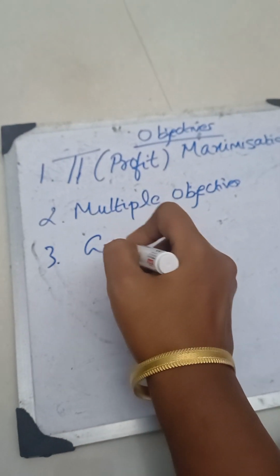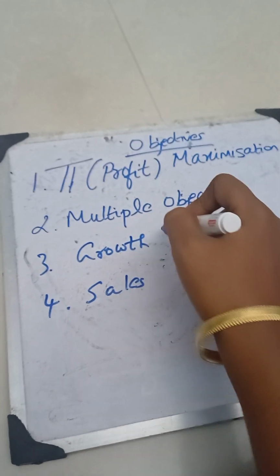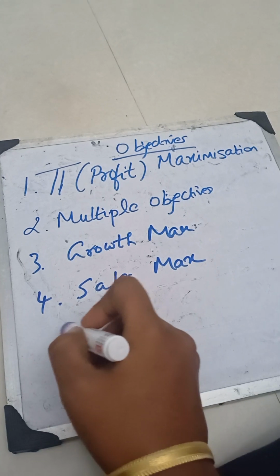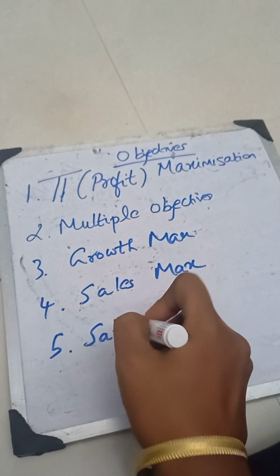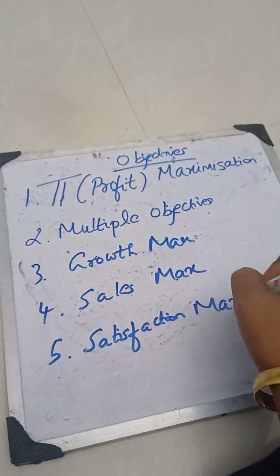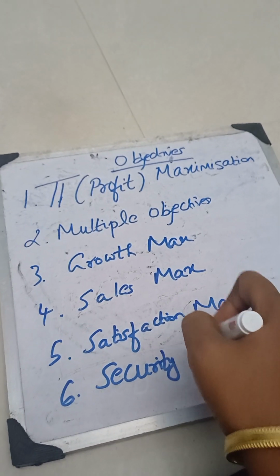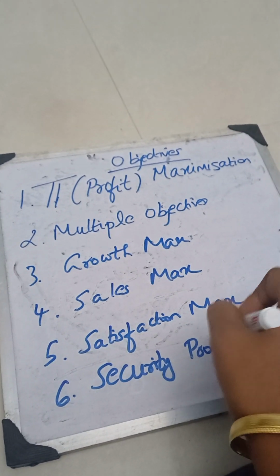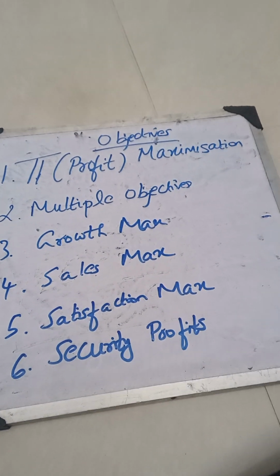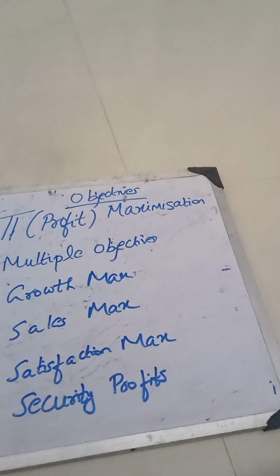You have sales, so you have growth maximization, sales maximization. Then you have satisfaction maximization, and so on and so forth. And then you also have security profits as an important objective of the firm. So let's go through the important objectives. They include profit maximization, multiple objectives, growth max, sales maximization, satisfaction maximization, and security profits.